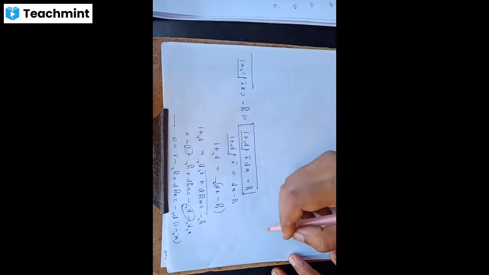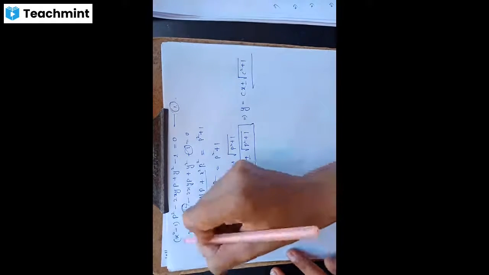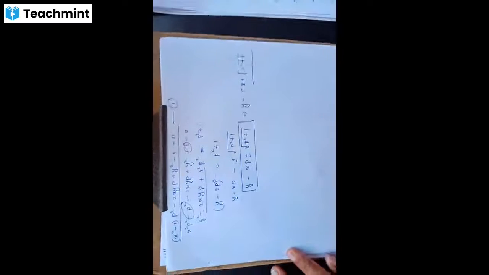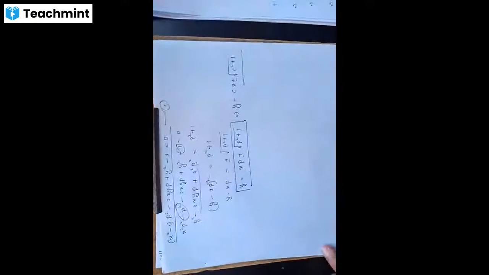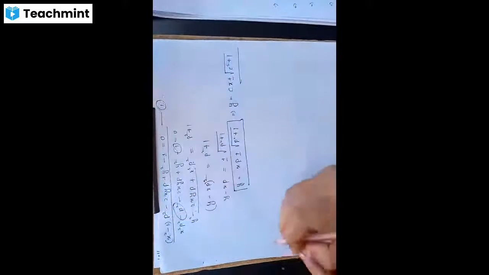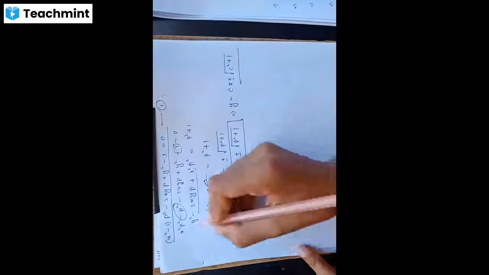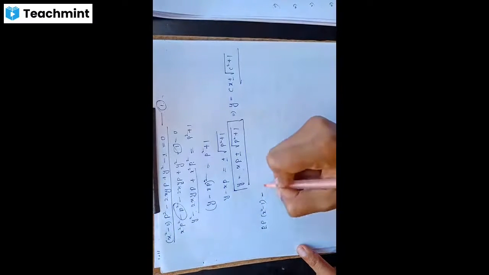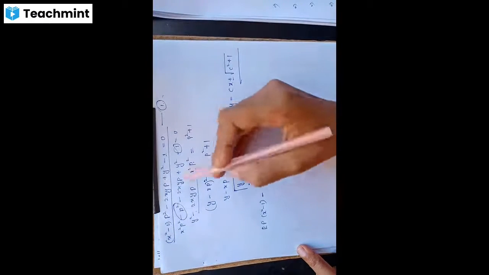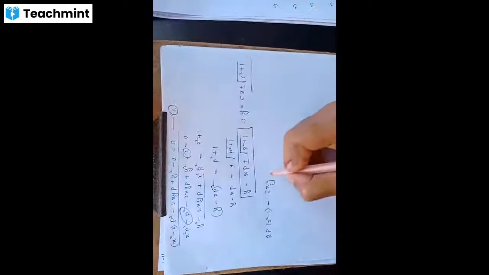To find the singular solution, we will differentiate the given equation with respect to p. The given equation is (x² − 1)p². So p² becomes 2p, (x² − 1) is a constant, −2xy is a constant, the derivative of p is 1, and the remaining two terms are constants, so they become 0.